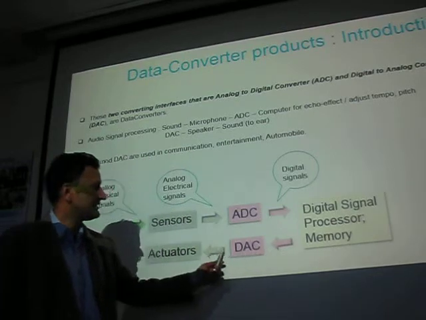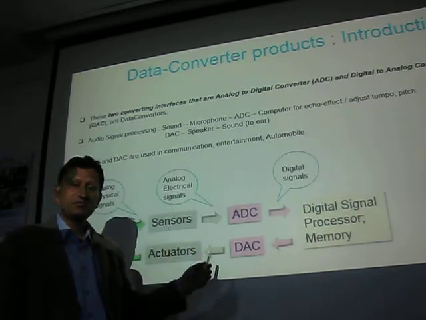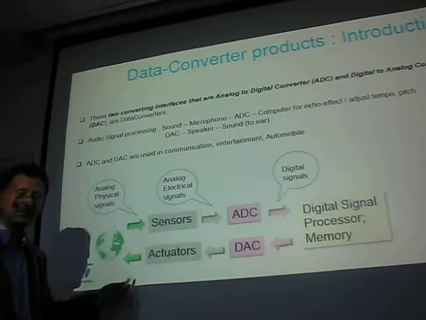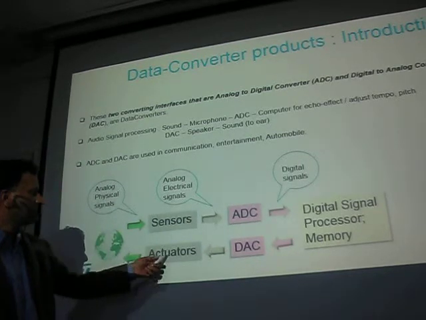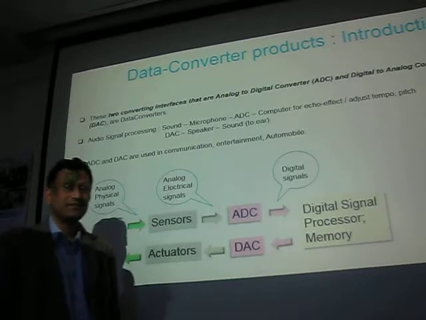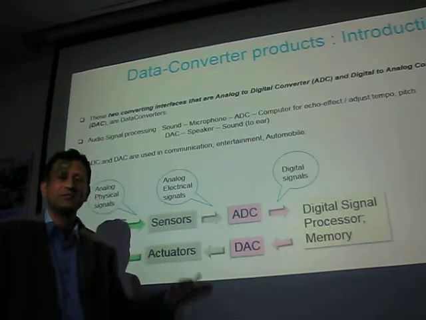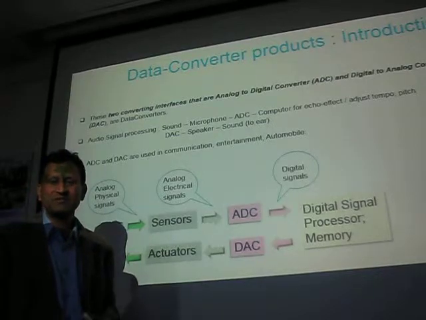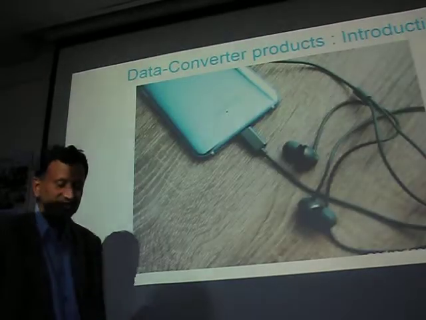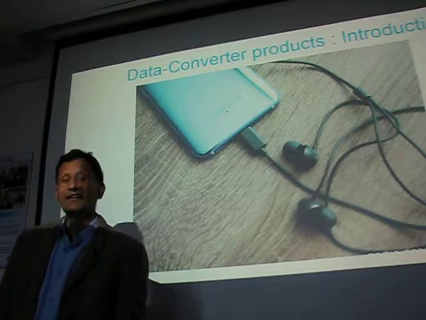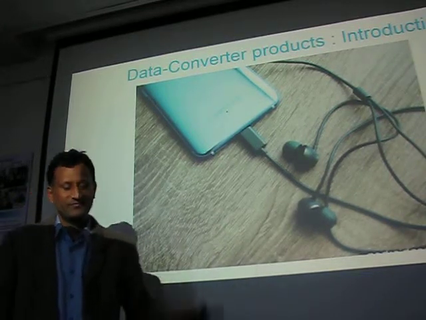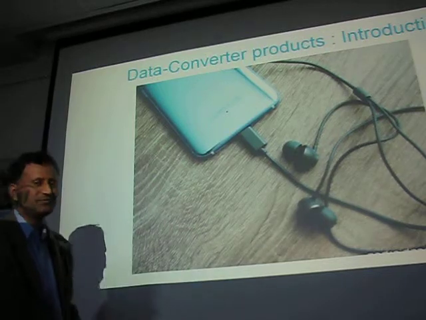This digital data is converted back into an analog signal, and these analog electrical signals are converted into sound or music by a speaker. And this processed music is like what we listened to at the start of this presentation. The ADC and DAC are used in many applications, like in this phone as shown in the slide.